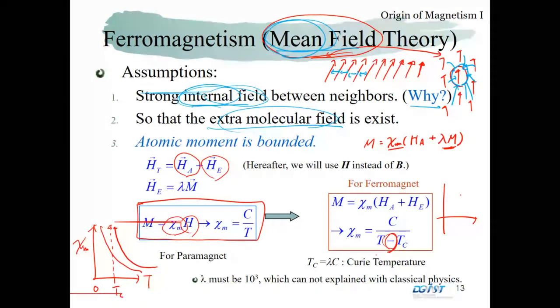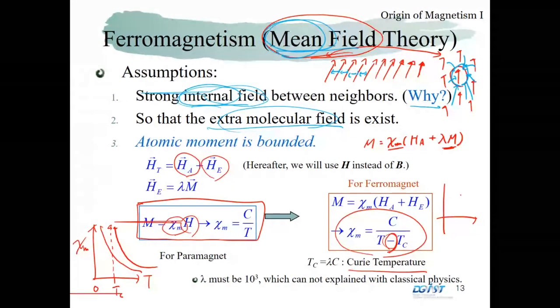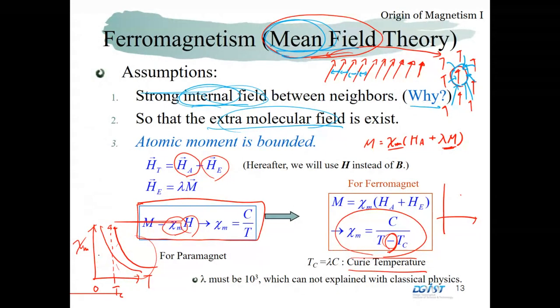So this equation is the susceptibility for the ferromagnetic material at high temperature, above the Curie temperature. It is valid only in this part, at a higher temperature. This expression cannot apply to this part. Below the Curie temperature, the susceptibility in this definition is already divergent. So the minus sign here means a finite Curie temperature. So there is some possibility of the existence of the ferromagnetic phase at finite temperature, below the Curie temperature. Okay.